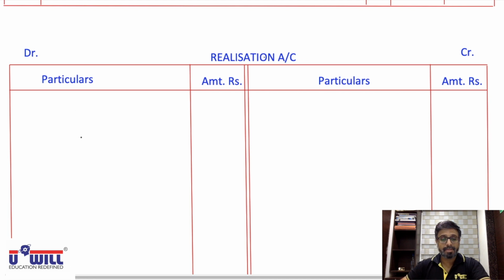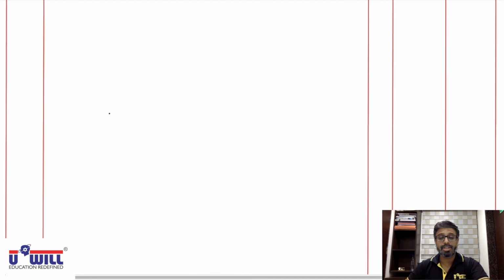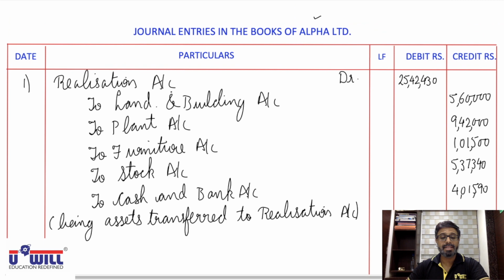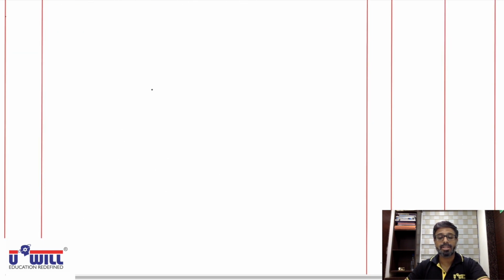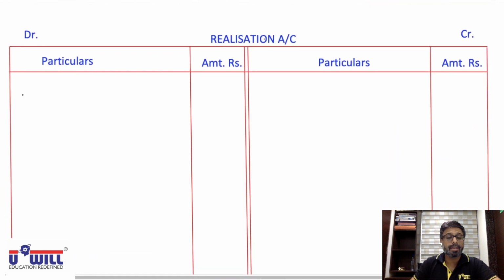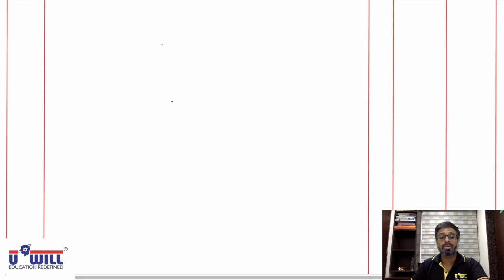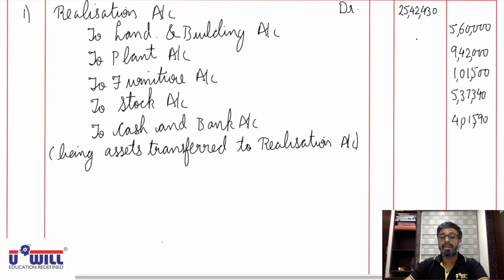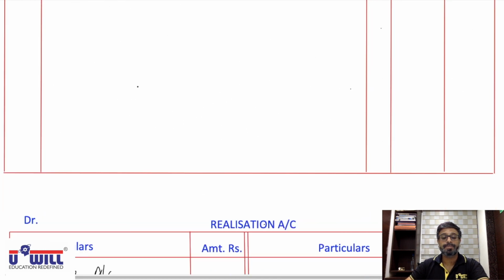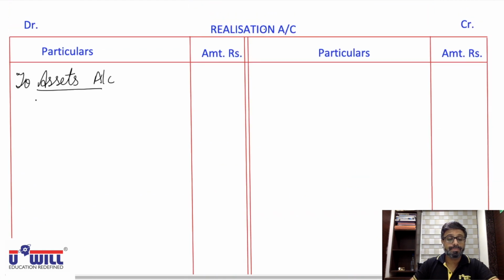So the effects in realization account will be realization account debit, means in realization account we'll write on debit side opposite account to assets account. Now in assets we'll mention all the assets. So land and building with 5,60,000. Everyone must be writing it.